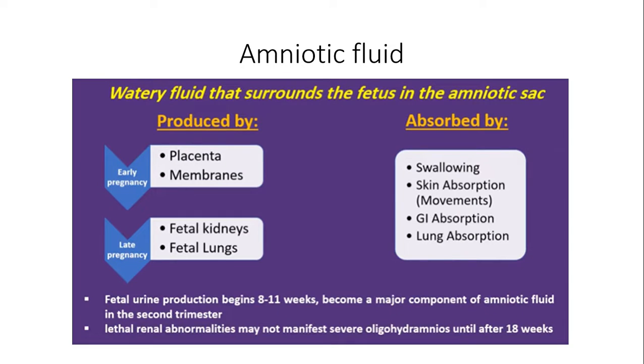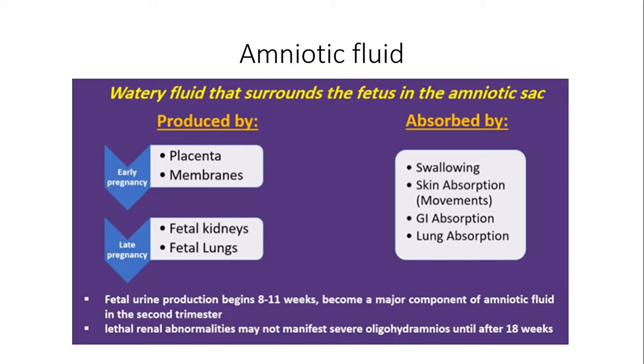So let's start from a little bit of physiology. Physiology of amniotic fluid: that is watery fluid that surrounds the fetus, which is in the amniotic sac inside the uterus.